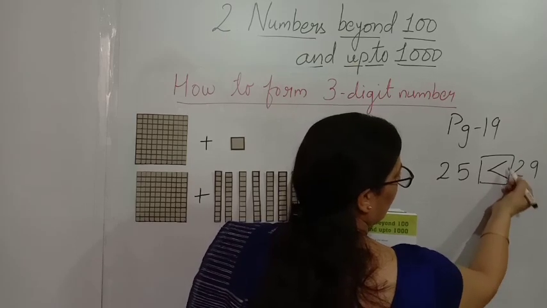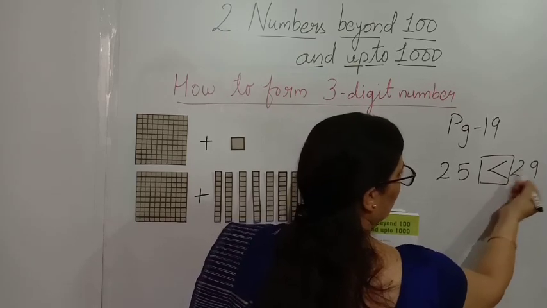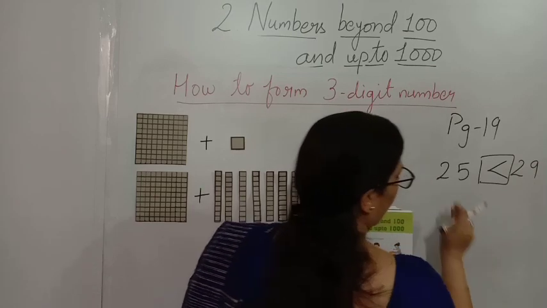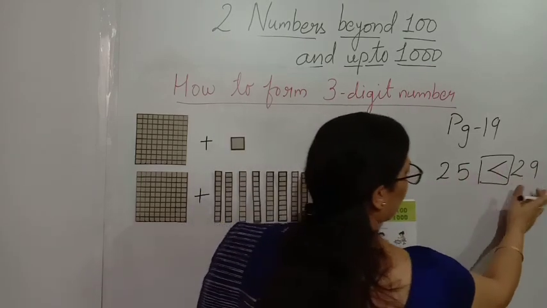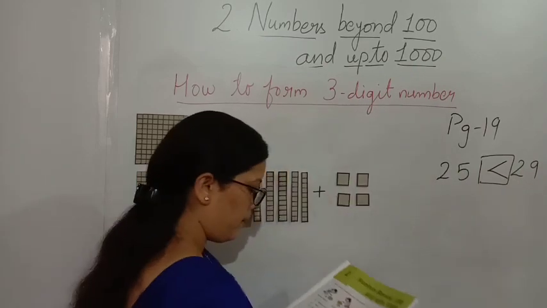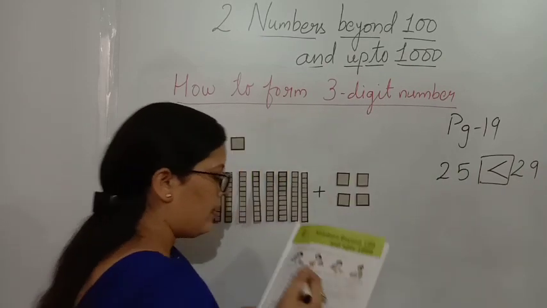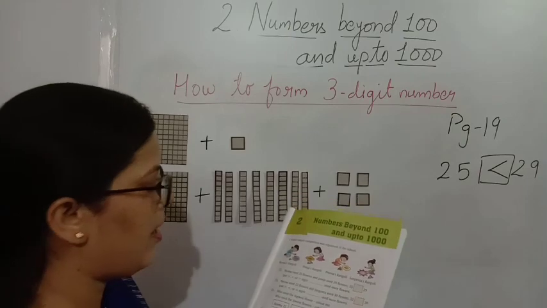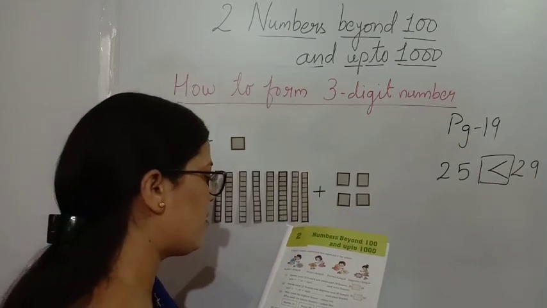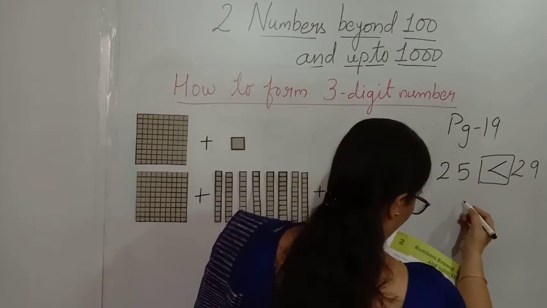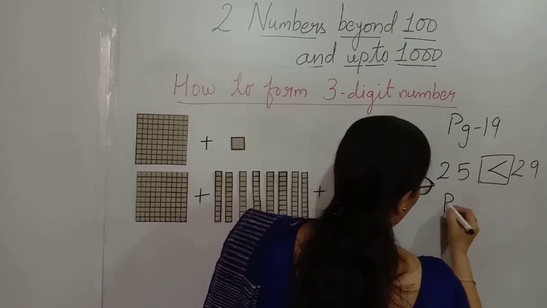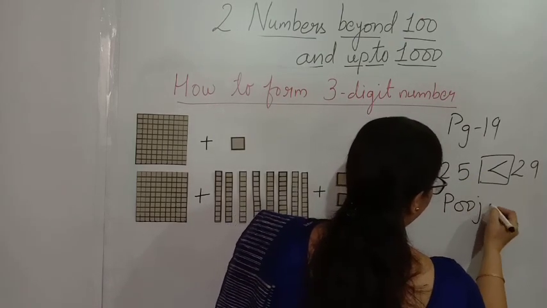Now see, the mouth of this sign is open towards the bigger number. On the basis of the first number we read: 25 is smaller than 29. Now, dash used more flowers. Who used more flowers? 29 flowers are used by Pooja. So in the next blank we'll write Pooja.